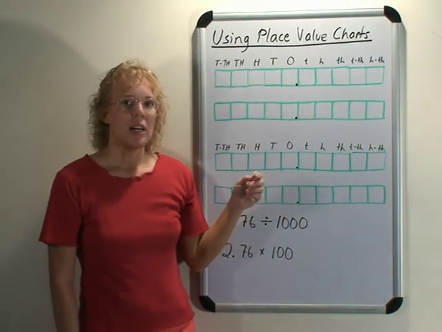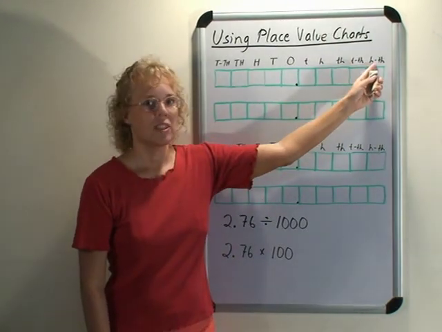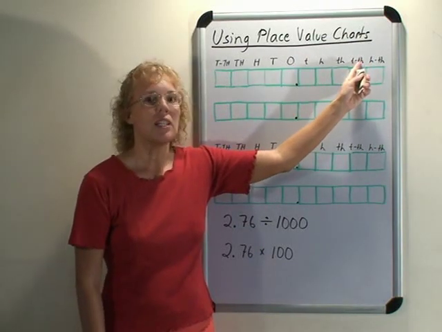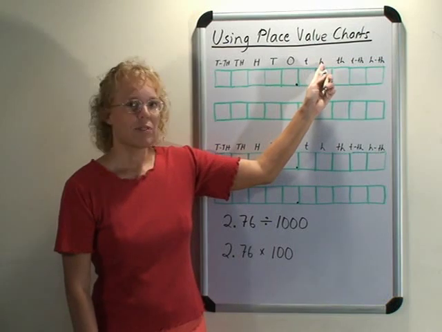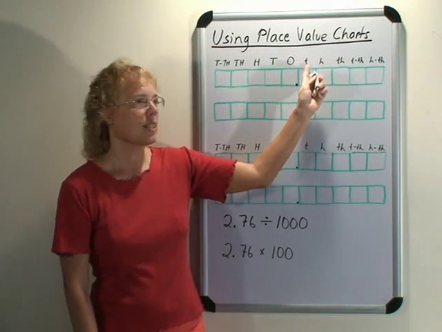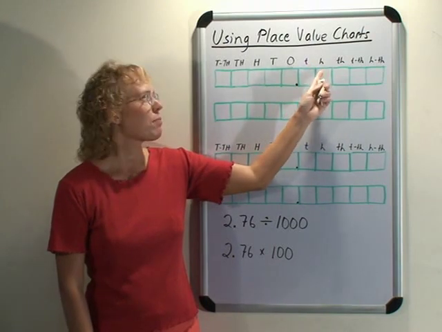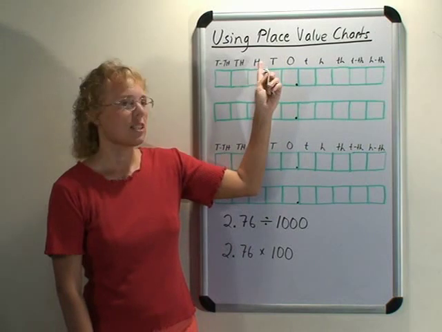As we know, our number system is based on 10, so that each position from here over there is 10 times the previous position. For example, when you go from hundredths to tenths, a tenth is 10 times a hundredth, or 10 is 10 times 1, or 100 is 10 times 10 and so on.